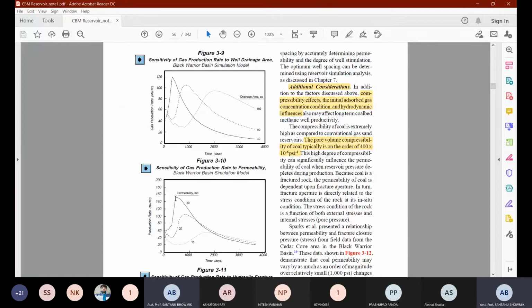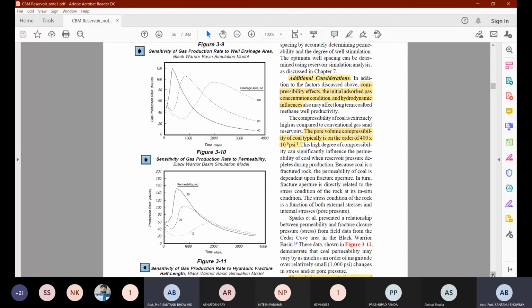So you can understand how the gas production rate is going to change. Whenever you look at production, you have to think from the permeability point of view, because permeability is going to affect your gas production very much.